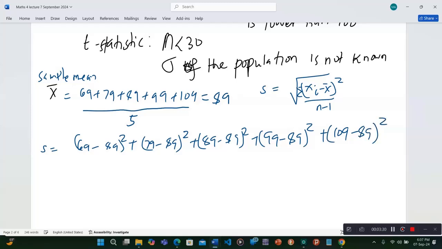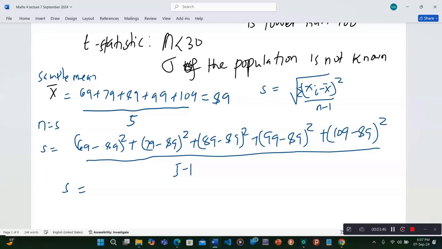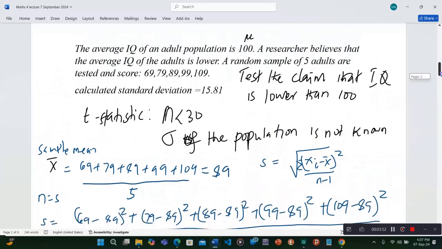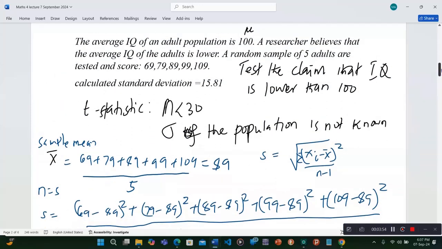Then I divide this by n minus 1. Remember n is equal to 5, so n minus 1 is 5 minus 1, which is 4. If I sum that, my s should be equal to 15.81 as calculated. So now we go ahead and test the claim.